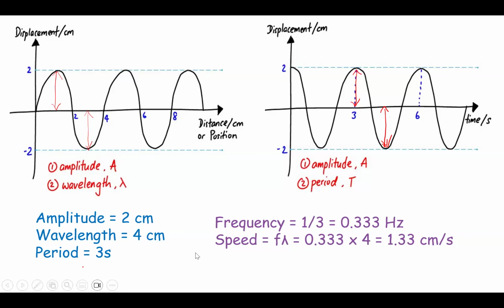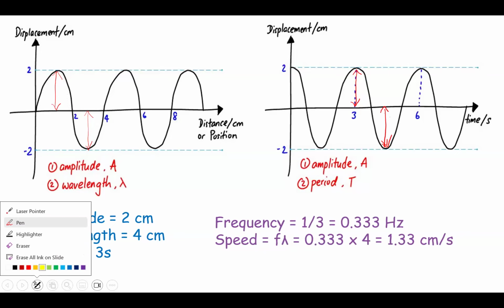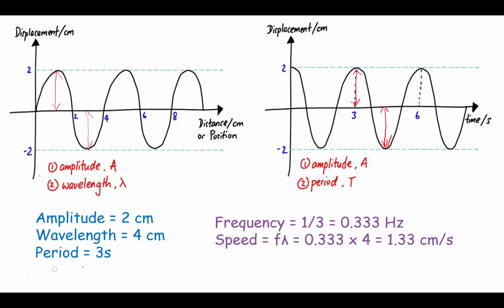Wavelength is the length of one wave. So for wavelength, I need to look at distance, the length. If I start from the origin, one wave will go up and then come down, highlighted in green.